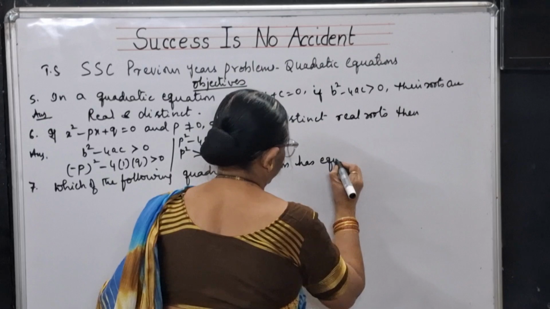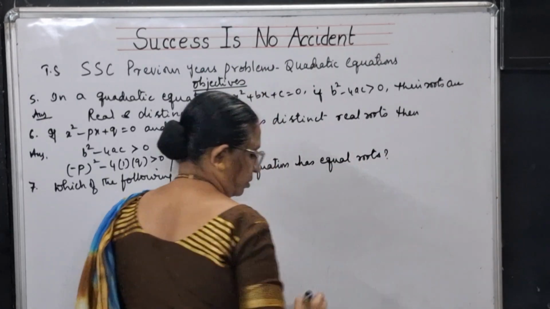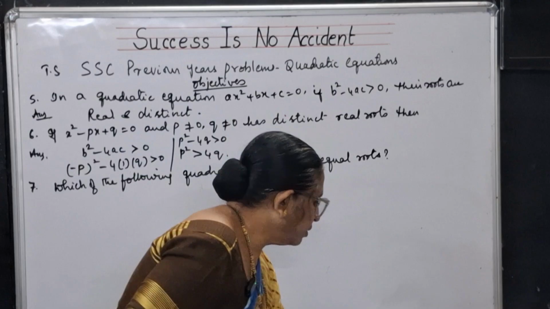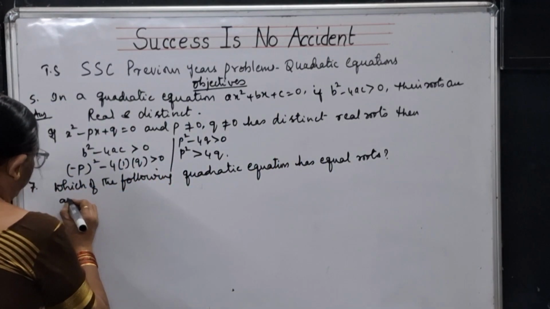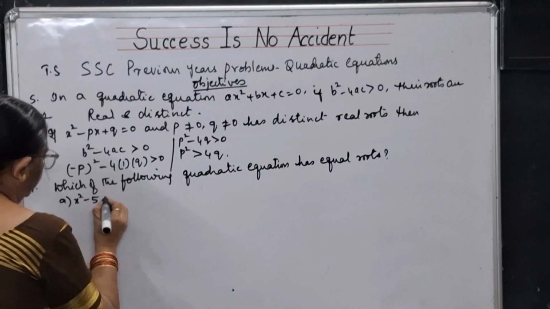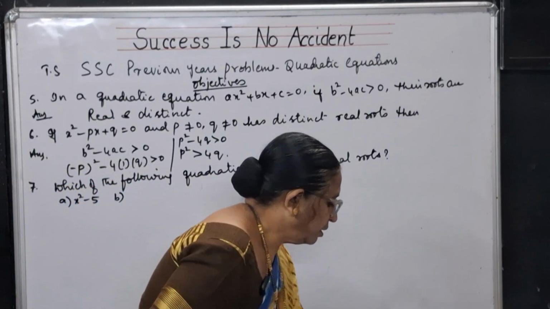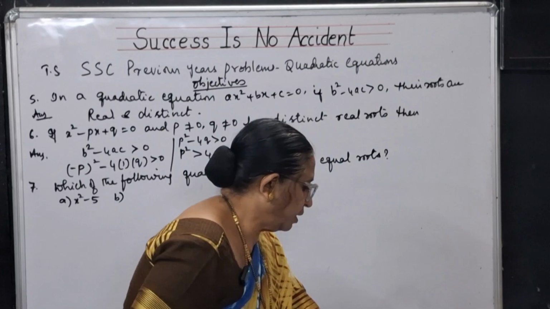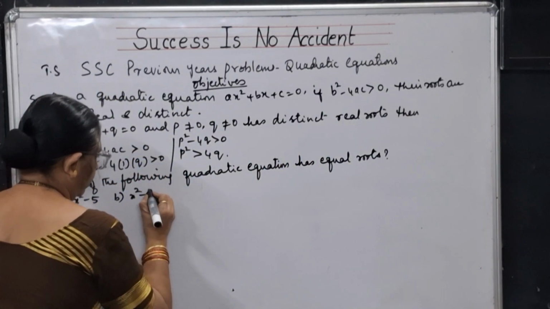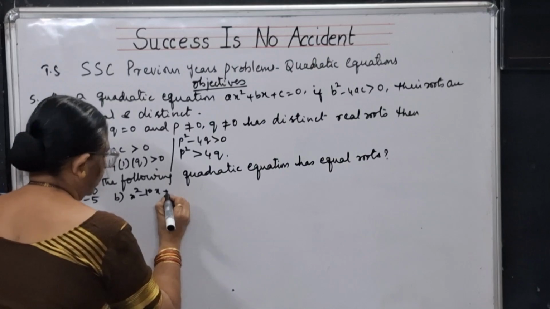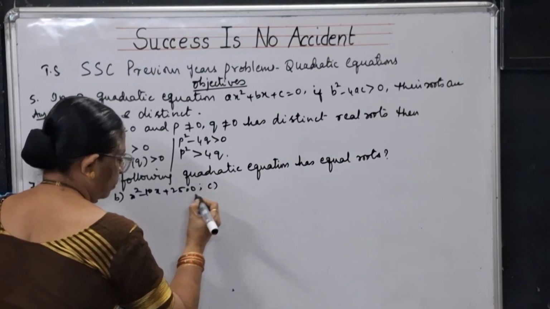Here a bit I should take, that is x square minus 5, and b is x square minus 10x plus 25 is equal to 0.